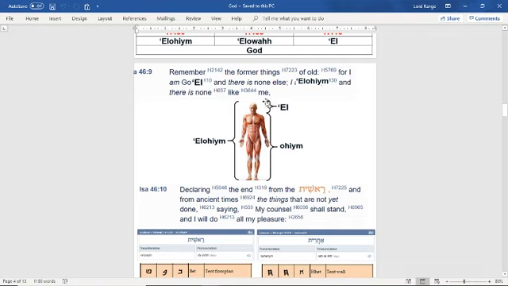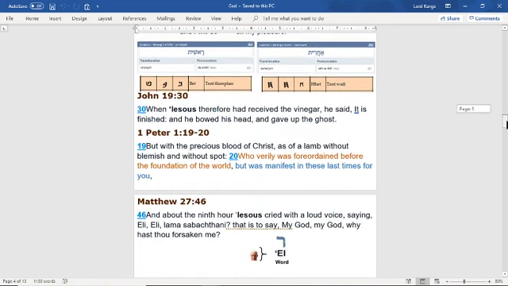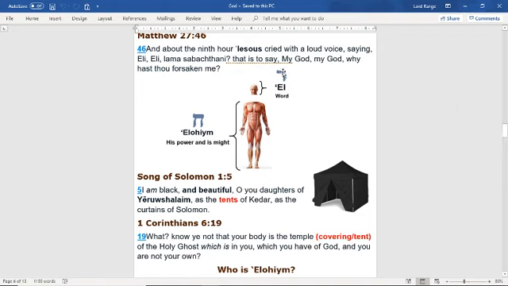And in that study, we talked about how El, which is Christ, is the head of that body. Also in that lesson, we talked about how the Hebrew letter Resh represents the head, and how this Hebrew letter represents a body in Hebrew.